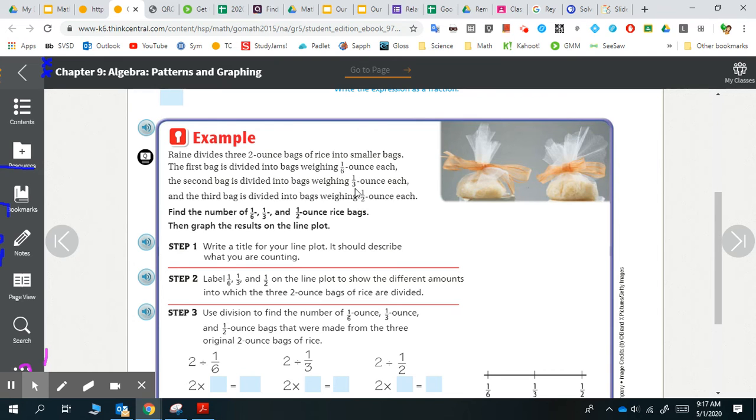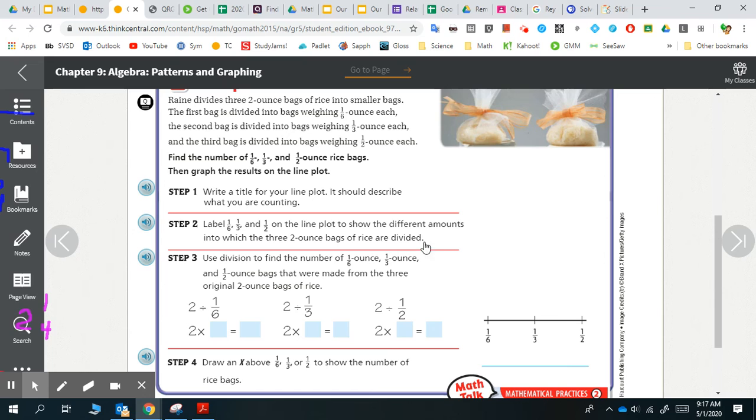Okay, the second bag into thirds, and the third bag into half-ounce bags of rice. Okay. There again, just showing us how to create a line plot. So we want to give it a title. We could call it, weight of our bags of rice.